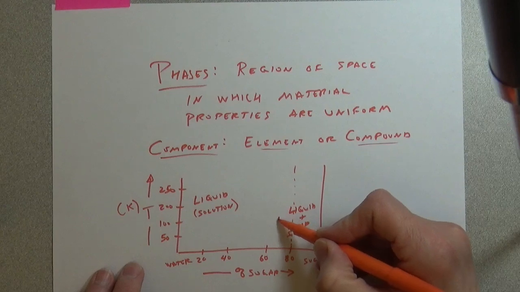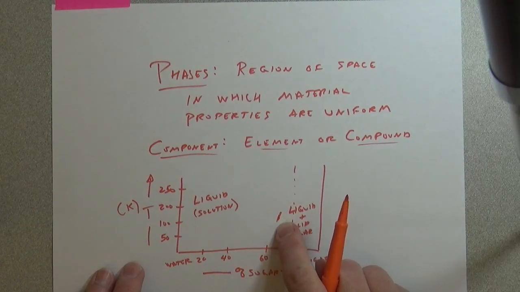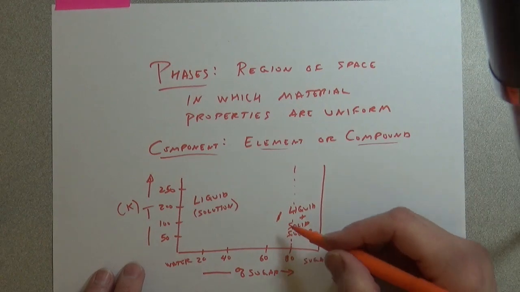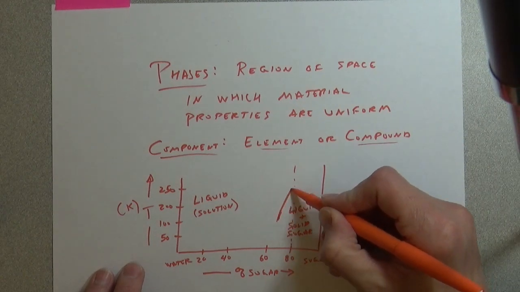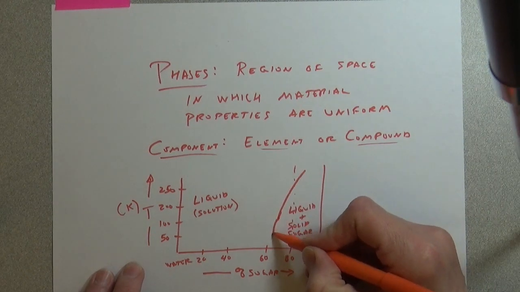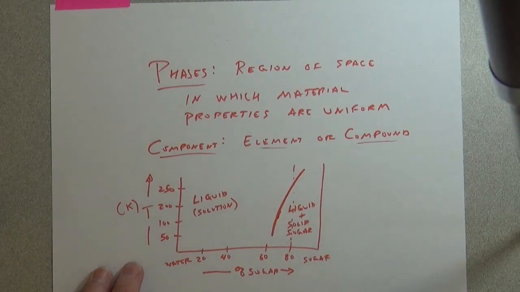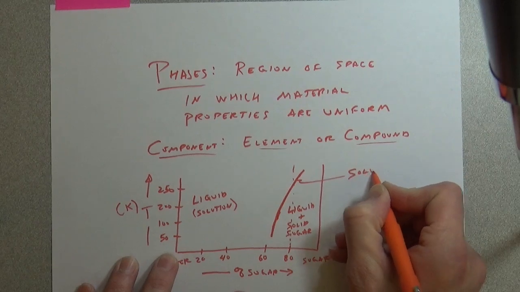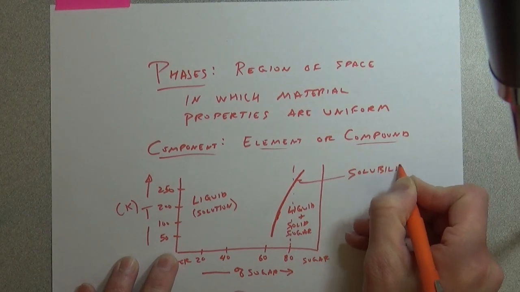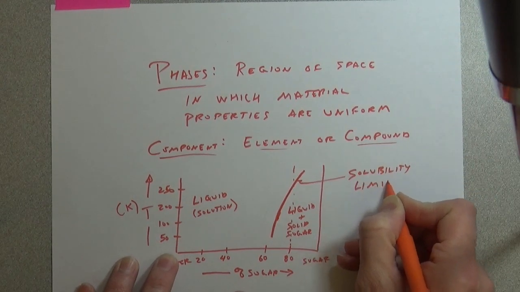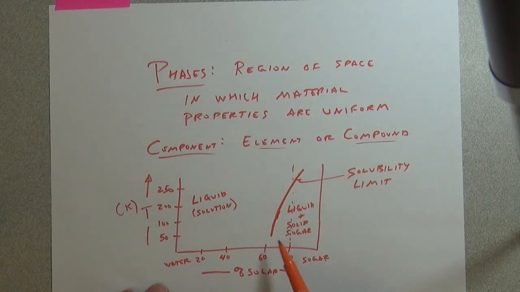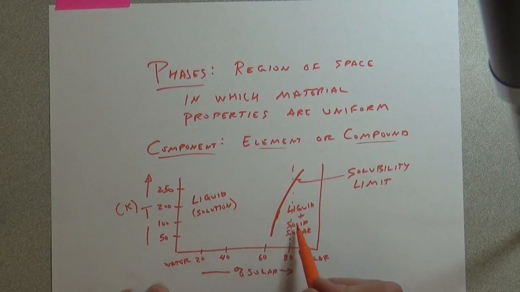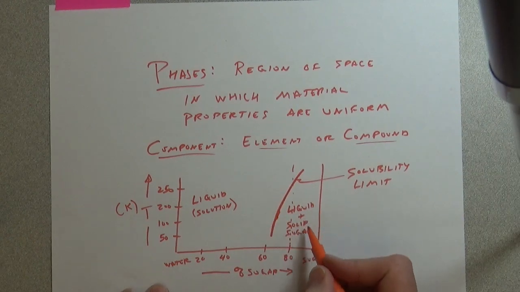And the point where that difference comes about, that is our solubility limit. And in fact, we can draw an entire line that does something like this. So everywhere on the left-hand side it's pure liquid, and on the right-hand side it's liquid plus solid sugar.